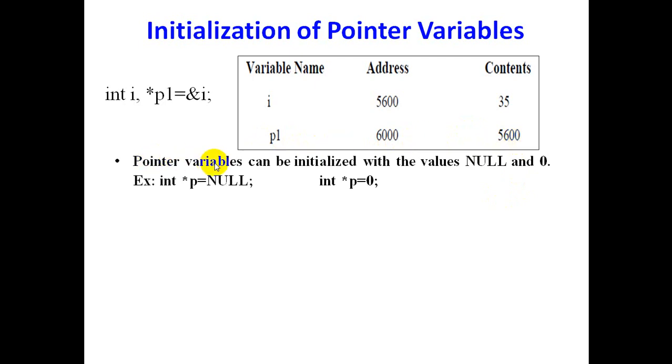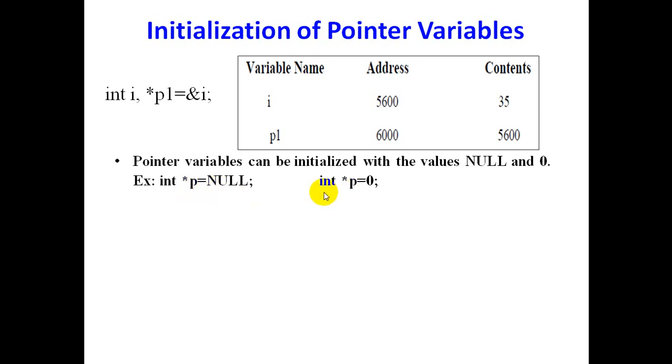Next, a pointer variable can be initialized with the values null and 0. That will be represented as data type int, asterisk symbol, p, is equal to null. This means this pointer variable has not yet been assigned any memory address. For every variable there will be an address, but still this pointer variable p has not been assigned any memory address.